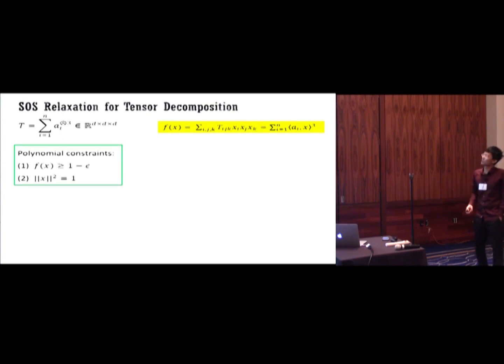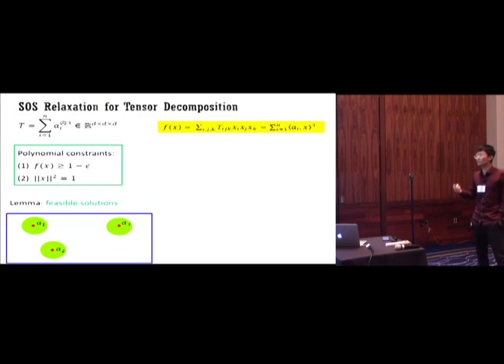And our polynomial program will be just, first, we enforce f of x is larger than 1 minus epsilon, and secondly, we have this normalization constraint, norm of x is 1. It turns out that this suffices if you can solve this polynomial program, because any feasible solution is close to one of the a_i's. So basically, the set of feasible solutions are just the neighborhoods around these a_i's that we want to recover.